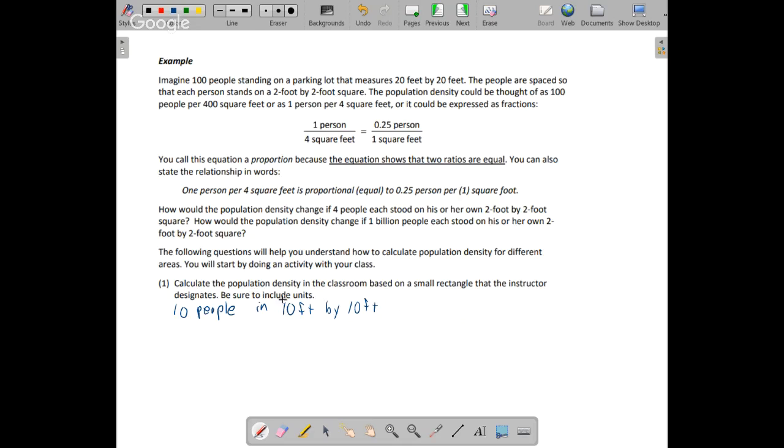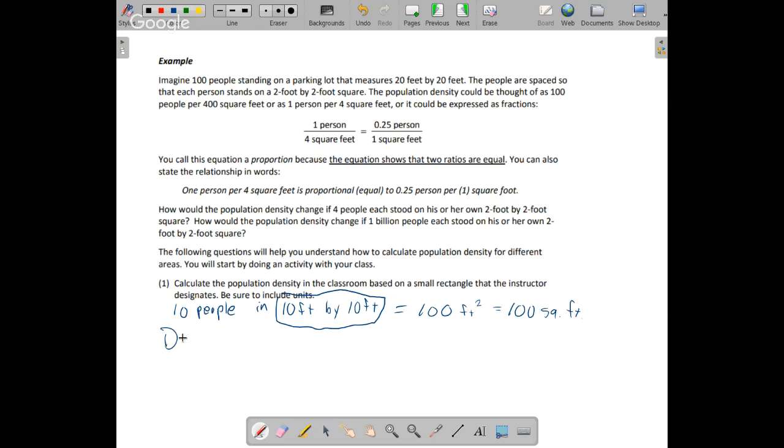If we have an area that's 10 feet by 10 feet, multiplying those dimensions together gives me the area. So 10 times 10 is 100. Feet times feet could be called feet squared, or we could write it as square feet, which I'm going to abbreviate as SQ FT.